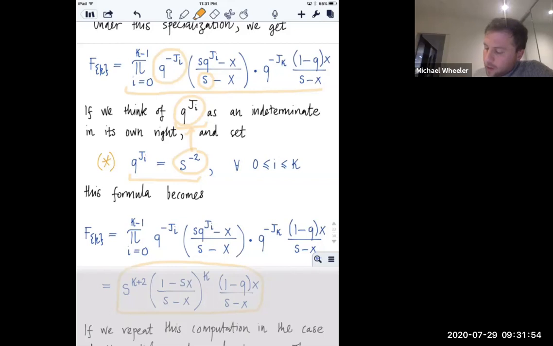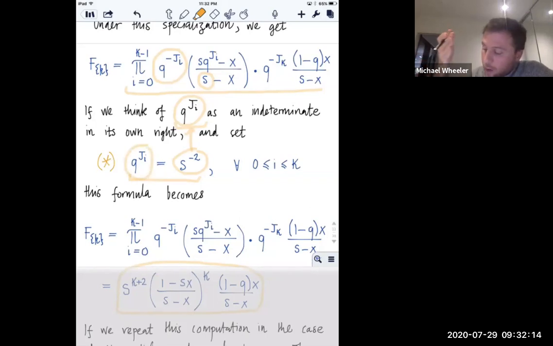So when we start off, the j's are some integers, right? But then when you actually perform this principal specialization, you find that the object only depends on the j's via q to the j_i, right? Which then becomes like a parameter now.